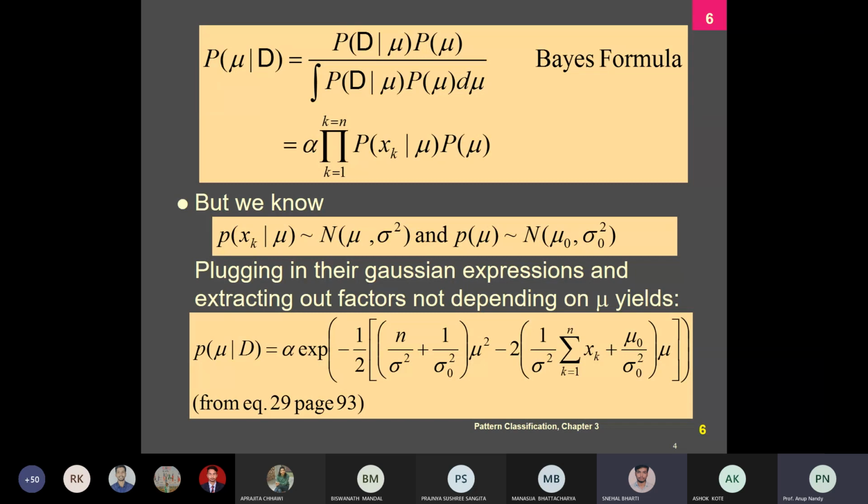Okay. So probability of mu given D, we are estimating it to be alpha times P(D given mu) into P(mu). Actually it is a normalization factor.